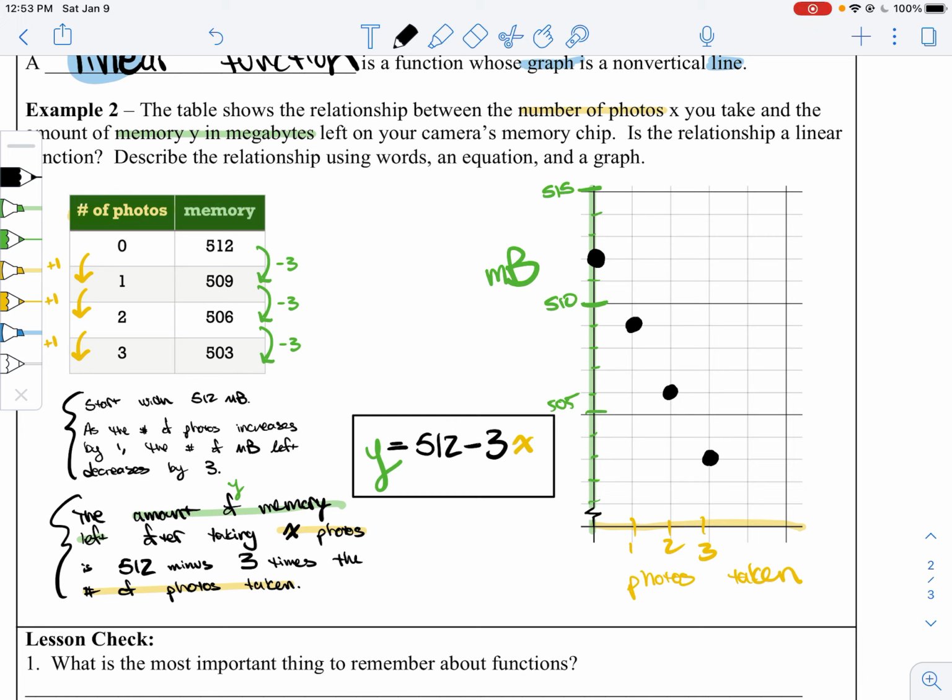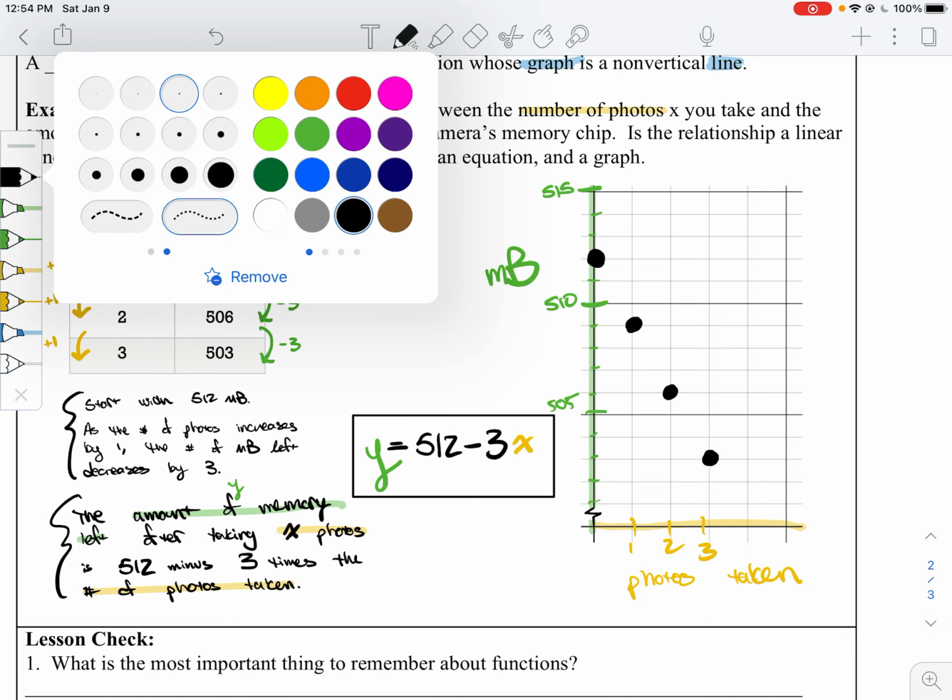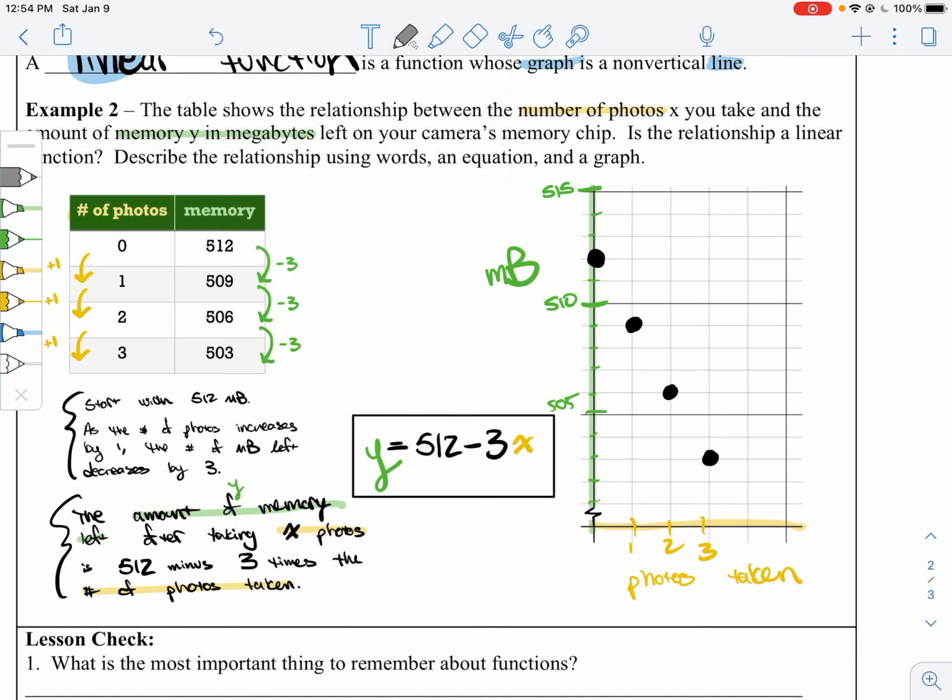Nice. Now we want to determine, is this linear? Let's look at our graph. Does it represent a straight line? Well, let's connect the dots, literally. Yes, they all fit. Excellent.